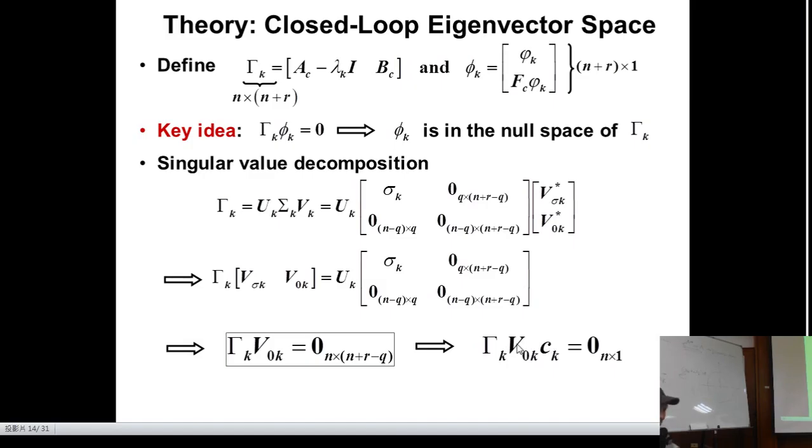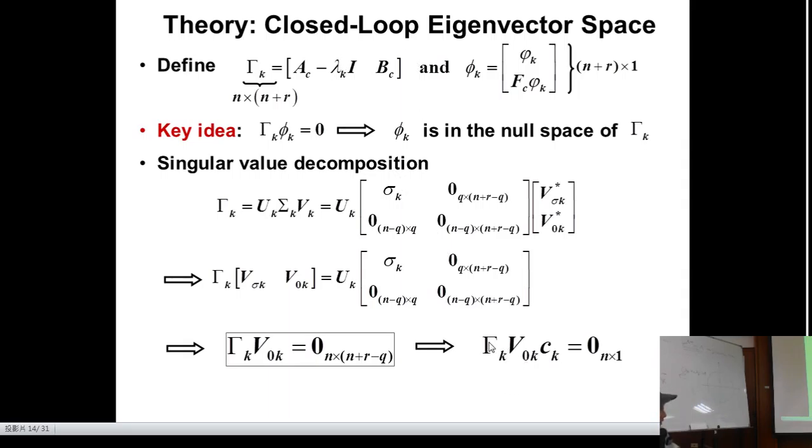If V0k is 3 columns, ck will be 3 by 1. By the way, ck can be a complex number because V0k is complex. This gamma k is complex because your eigenvalue is complex.